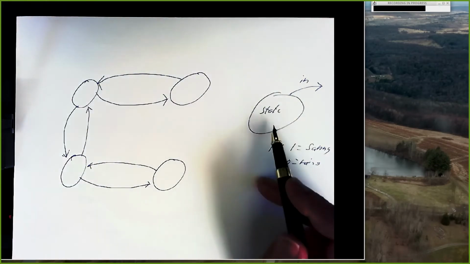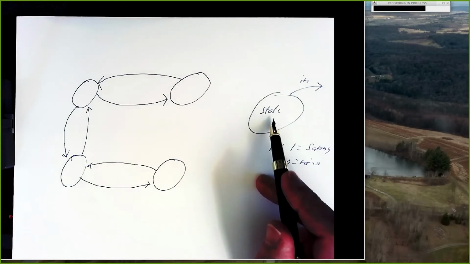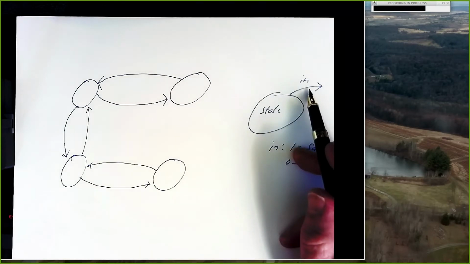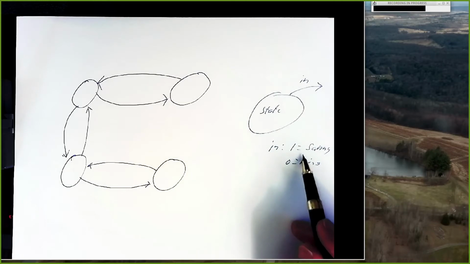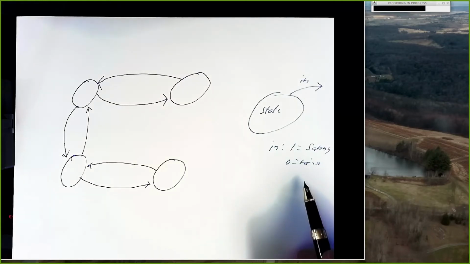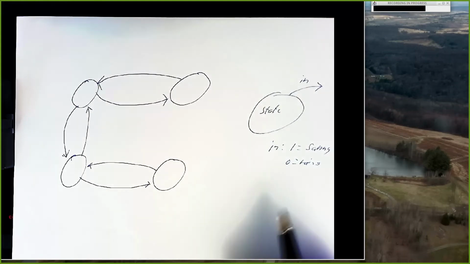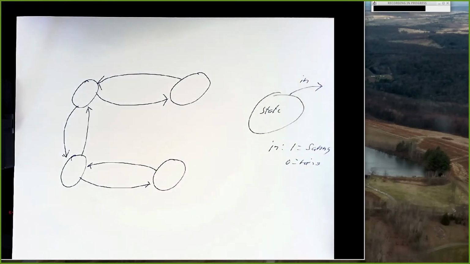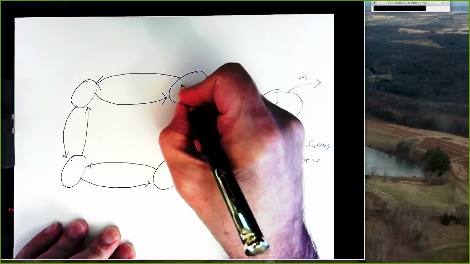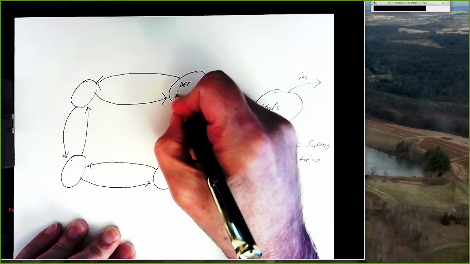So here's the present state, and here's an input, and the input's going to be a 1 or a 0 based on what the weather is today, whether the weather is sunny or rainy. And the state is going to predict what tomorrow's weather is. So this state up here says definitely sunny.